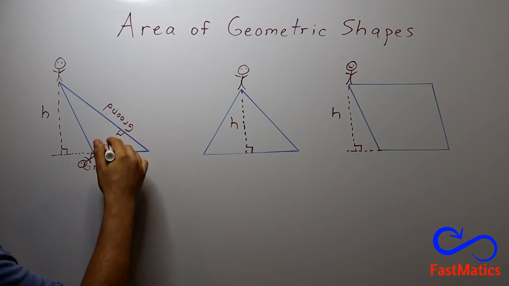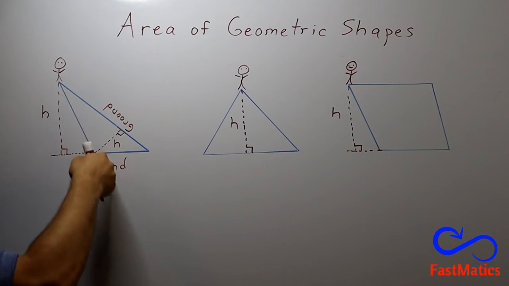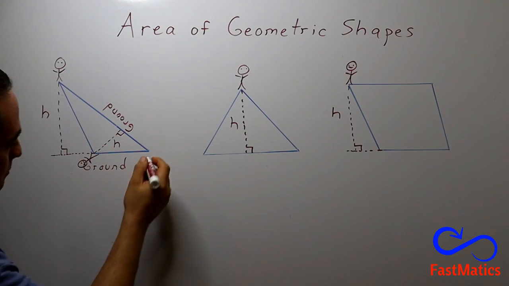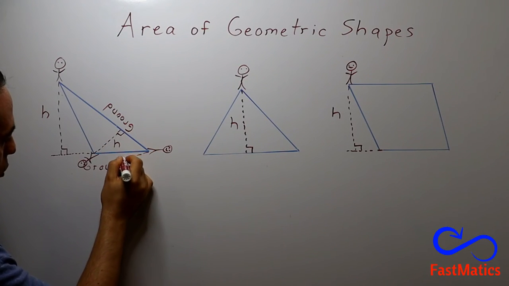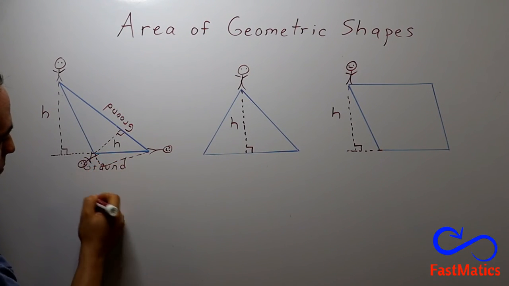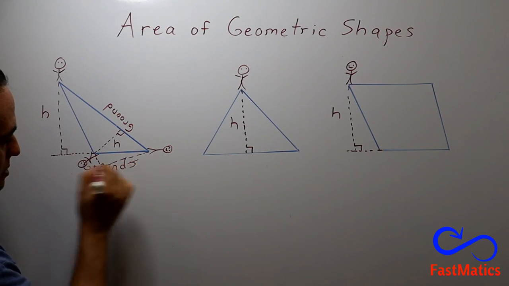And this is another height of the triangle. But imagine that the ground is here. So I climb and I throw a rope. Here is the ground, 90 degrees, and the length of this rope is the height.